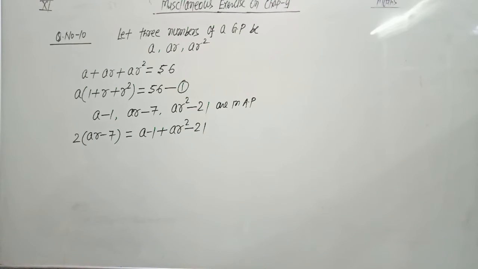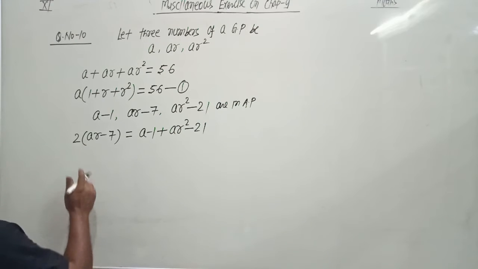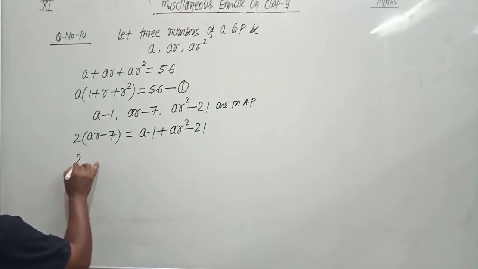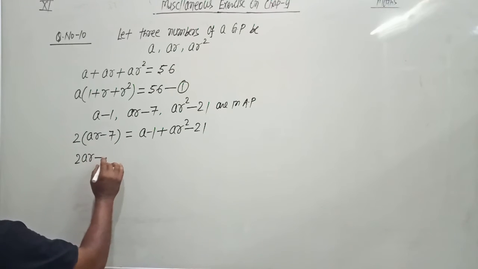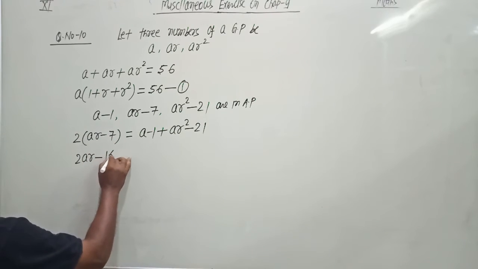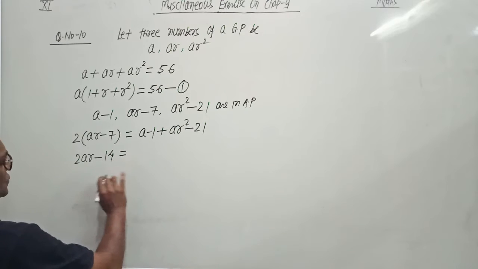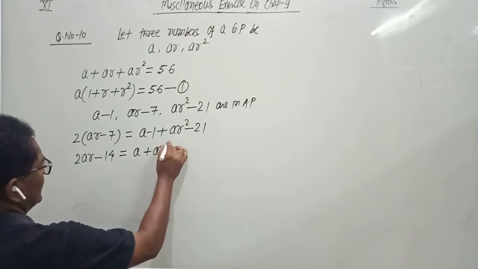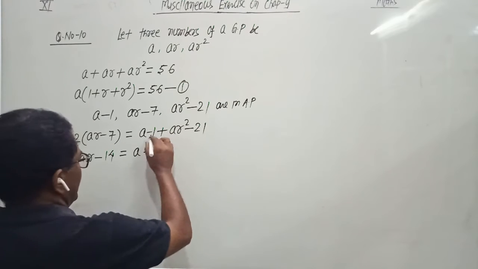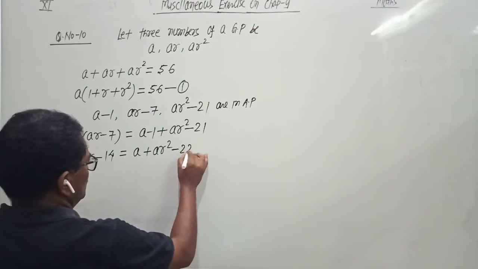And we solve this. So 2AR minus 2 into 7, 14, equals A plus AR square minus 22.